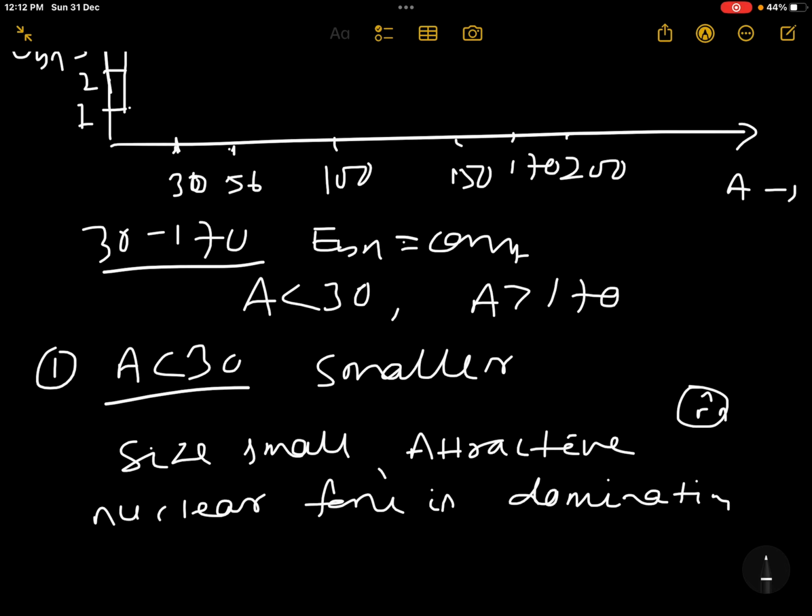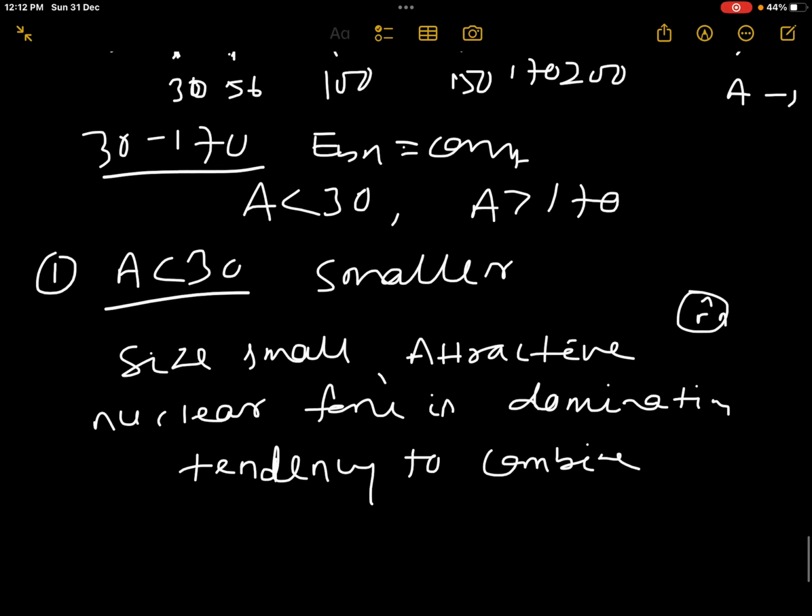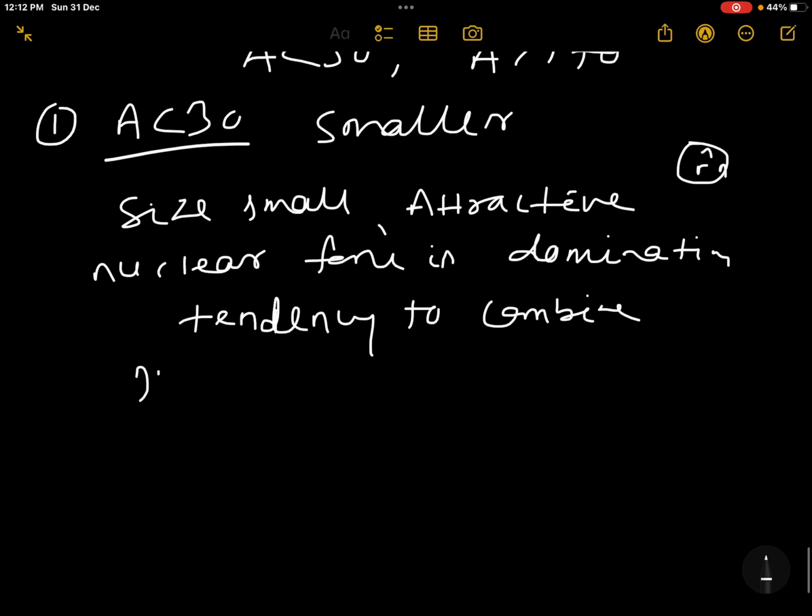So due to the dominating attractive force, more attraction, they have a tendency to combine. Smaller nuclei have a tendency to combine. So they undergo what? Nuclear fusion. So they show fusion.